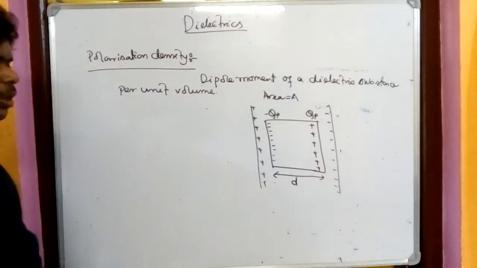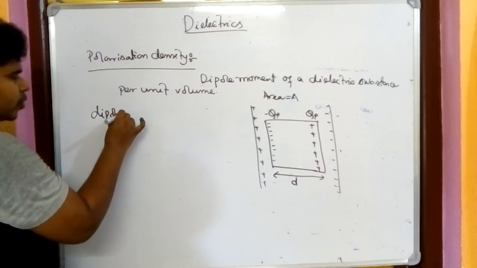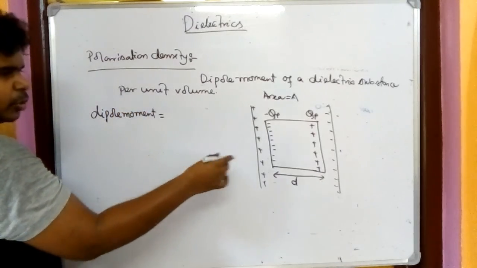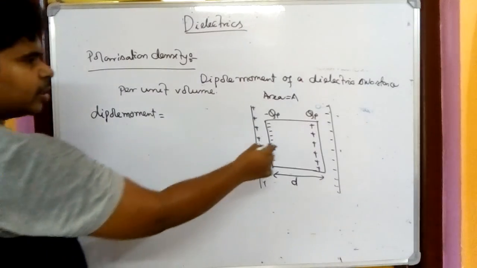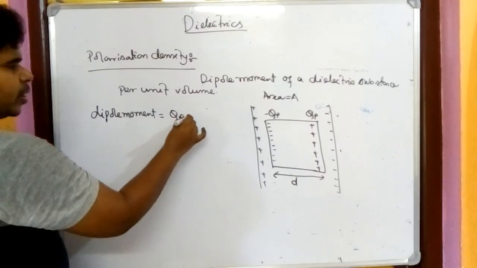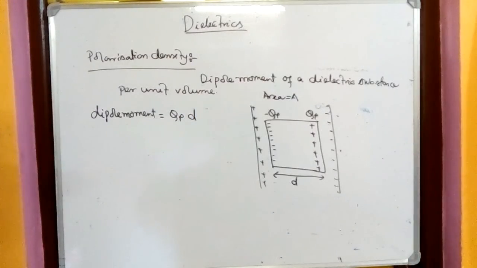If I want to find out the dipole moment, dipole moment is charge into distance between them. So it is QP into D, because the distance between them is D.